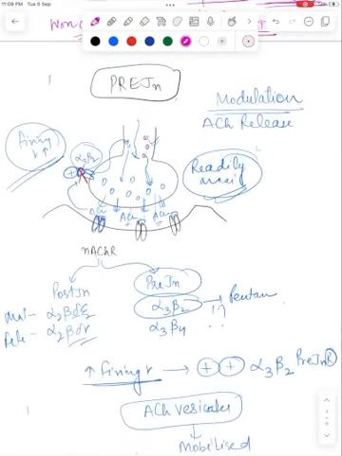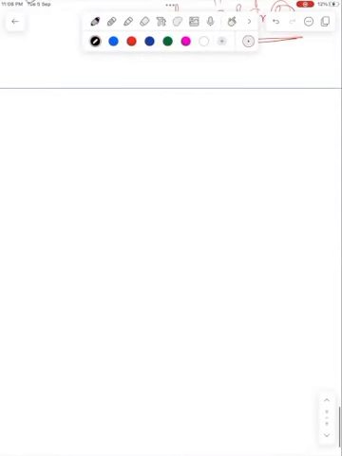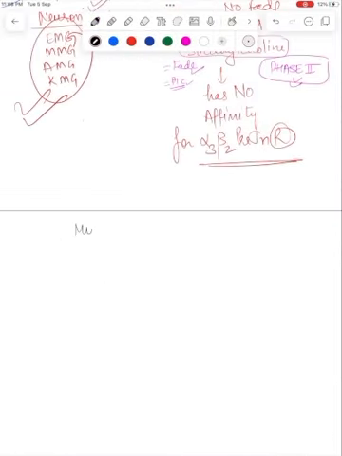But you also have other types, which are the muscarinic types of pre-junctional receptors. Now they are M1 receptors and M2 receptors.